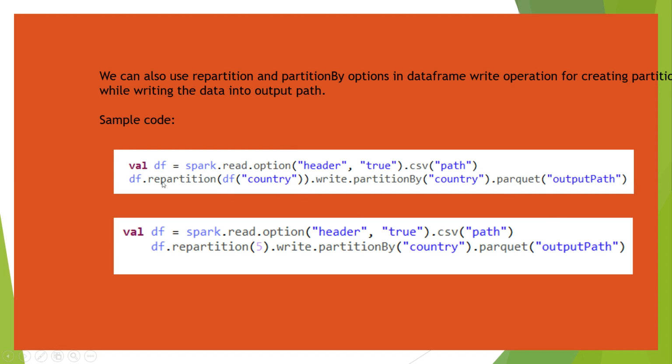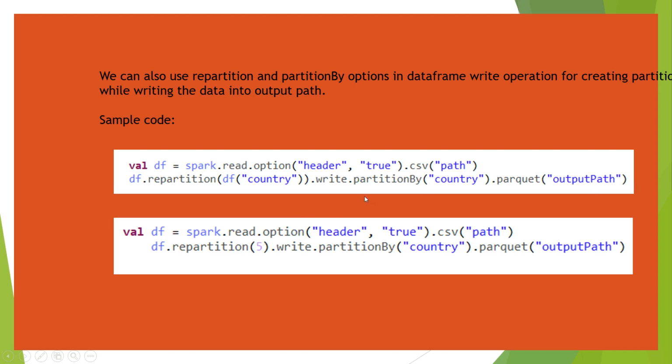And why do we have the repartition option here? Instead of a column, we can mention the number of partitions to be divided into. For example, if you have 7 countries and you give a repartition of 5, it will give you only 5 partitions and adjust the 7 countries into these 5.